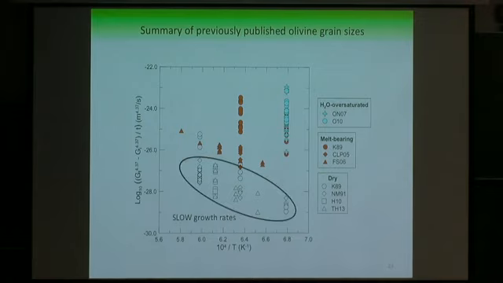So we have two regimes. We have one first regime here, where dry atmospheric olivine samples present slow growth rates, and a second regime where we have fast growth rates. And so that's how my talk is going to be divided into these two sections. So I'm going to start out with the slow growth rates.